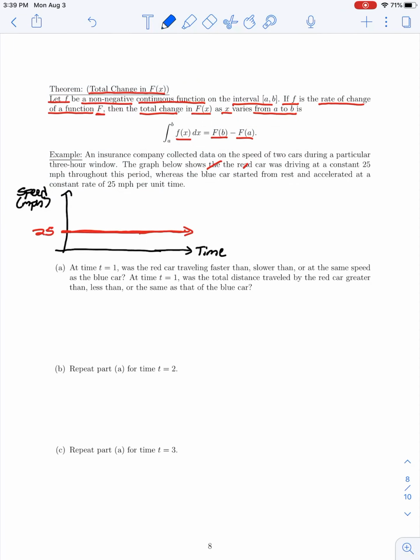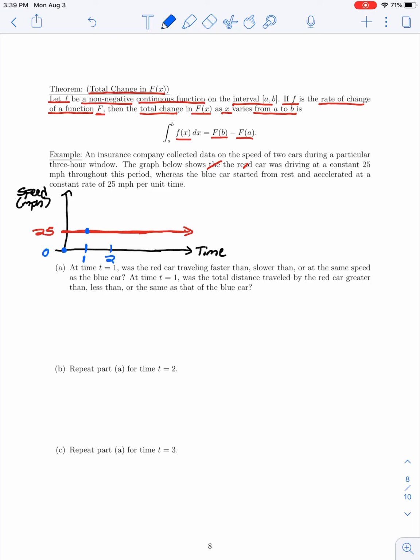And then we were told there is a blue car which started from rest. So at time 0, its value was 0. And then this car was accelerating at a constant rate of 25 miles per hour per unit time. So for every 1 unit of time that's passing, this car increases its speed by 25 miles per hour. So at time 1, its speed would be 25.